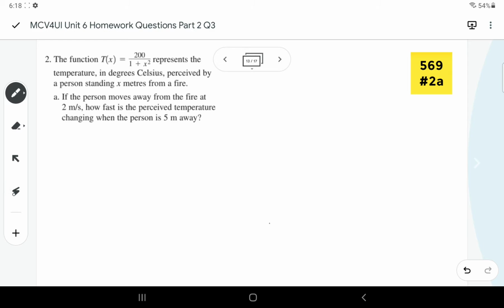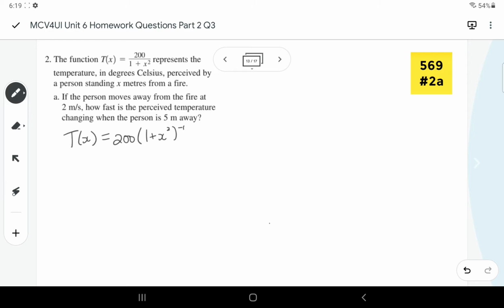Okay, so the first one, we're given this function, and we want to figure out how fast the perceived temperature is changing when the person is 5 meters away. So I'm going to rewrite this T of x equals, I think that this is easier to do the derivative of if it's written as a chain rule question, but you might feel otherwise.